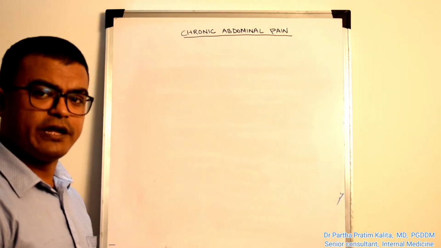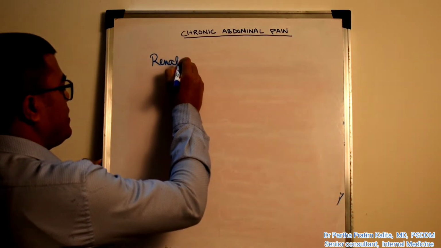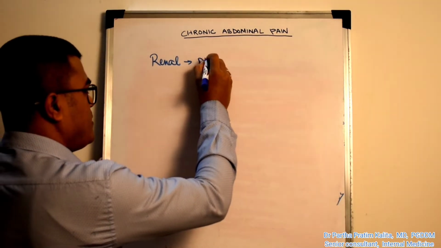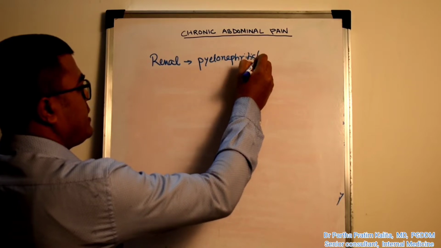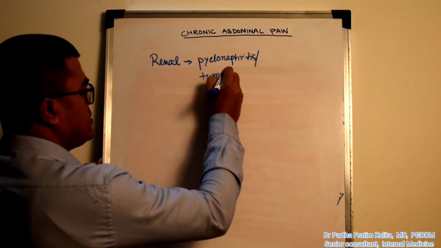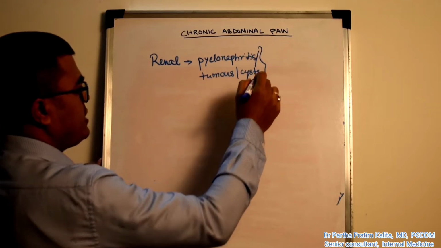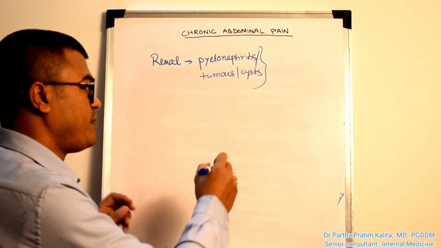Now the next organ that can cause chronic abdominal pain is the renal system. In the renal system there can be pyelonephritis, or there can be tumors, or there can be cyst. So all these problems in the renal system can cause chronic abdominal pain.